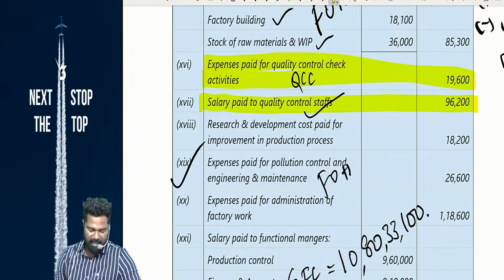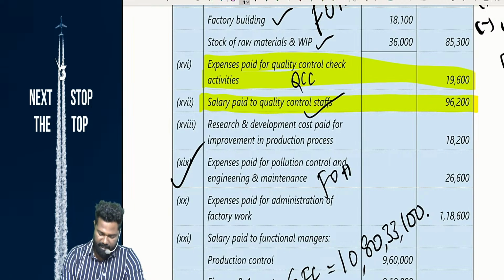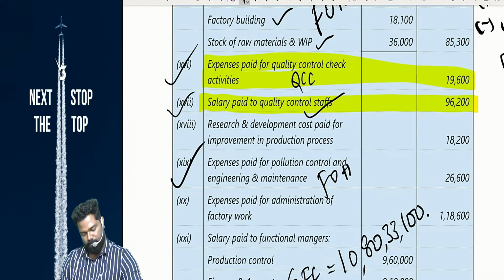Below that, salary paid to quality control staff. How much is that? 19,200. Clear?